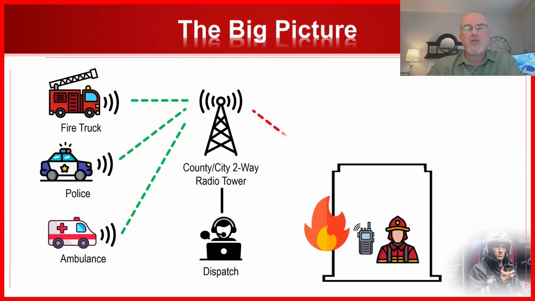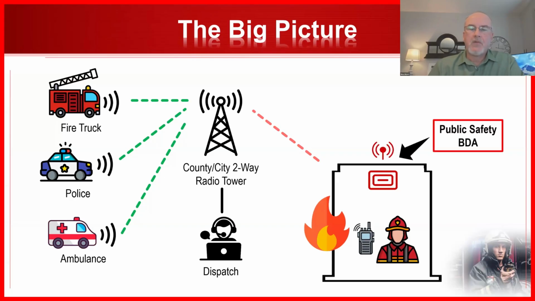So you don't have any communication inside the building with those who are outside of the building. That's a problem. What a public safety BDA does is create an antenna system on the outside coming inside that allows you to communicate from the inside out. That's really the role of a public safety BDA.